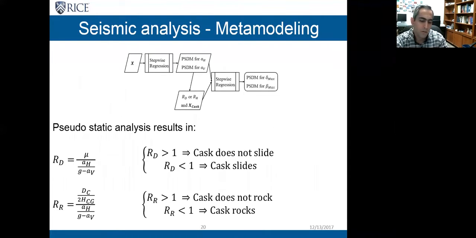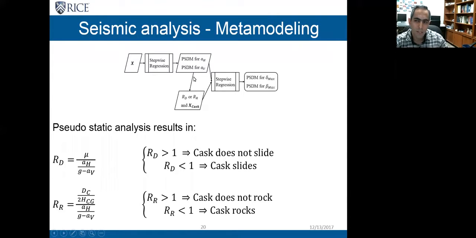So reviewing the literature on dynamic response of rigid bodies, we see that the accelerations at the center of gravity of the body play an important role in the dynamic response. This gave us the idea to develop a dual layer metamodel in which in the first layer we predict the maximum horizontal and vertical accelerations at the body's center of gravity.